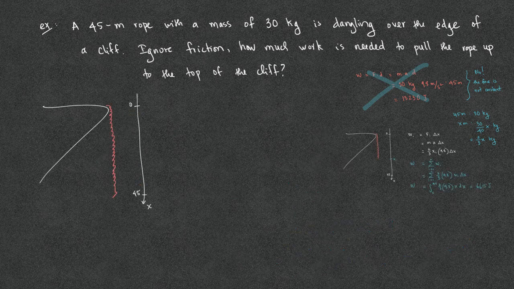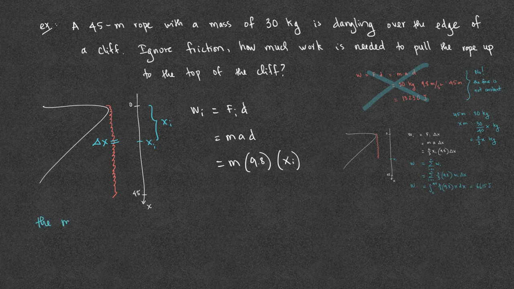Alternatively, this might be better. We slice the rope into many segments of length delta x, and we pull this segment delta x a distance of xi. We can assume that the force is constant because it is a tiny segment of the rope. The force is the mass times the acceleration, and the distance is xi.